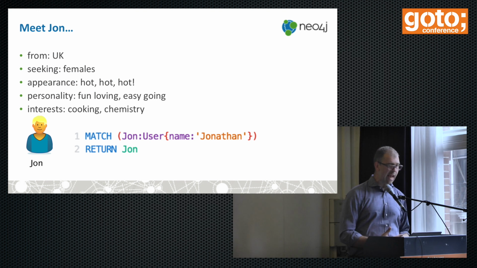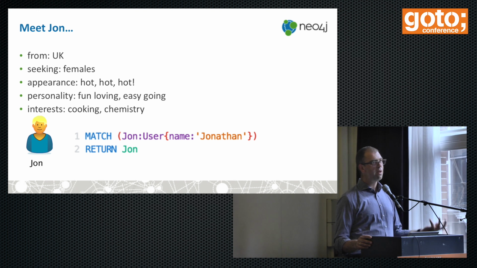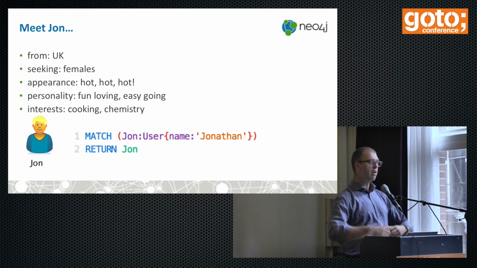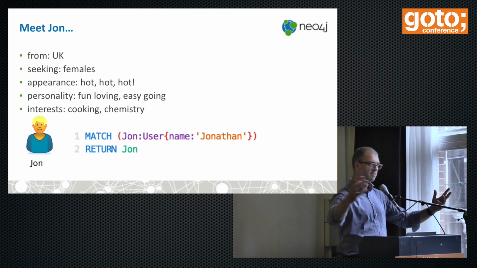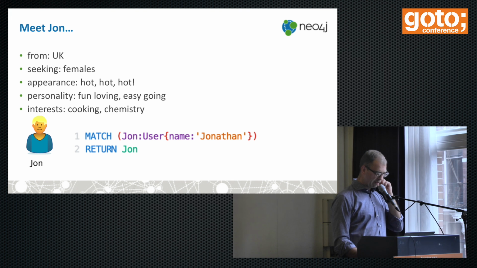Now we'll start adding some additional perspectives, because that's the real important thing here with these dating applications. They look at more than one aspect. They look at many different aspects, right? So we'll look at a different user in this particular case, a guy called Jonathan, a very interesting character apparently.